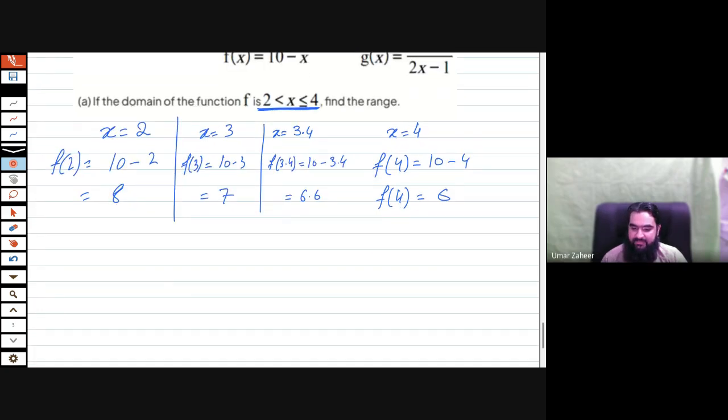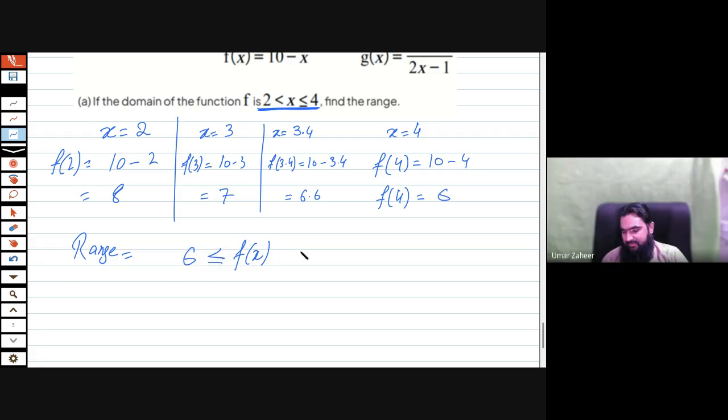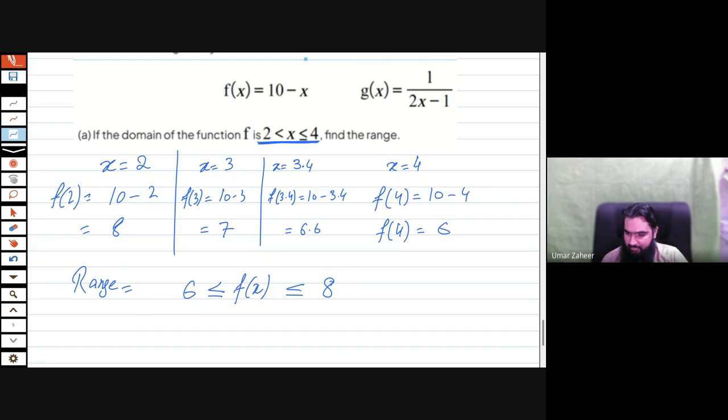So it means that the range is, yes, what is the range? From 6 to 8. Greater than or equal to 6 and less than or equal to 8. But we have to look carefully here. It is only less than, not equal to.